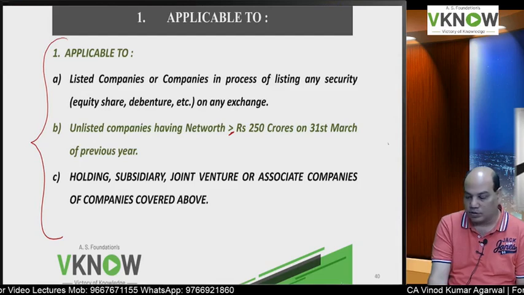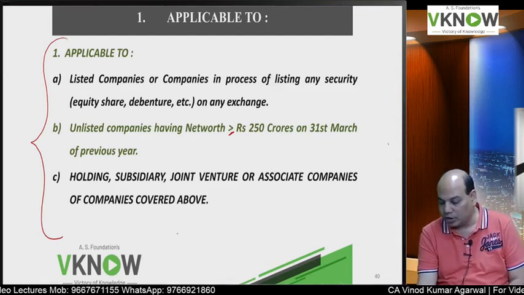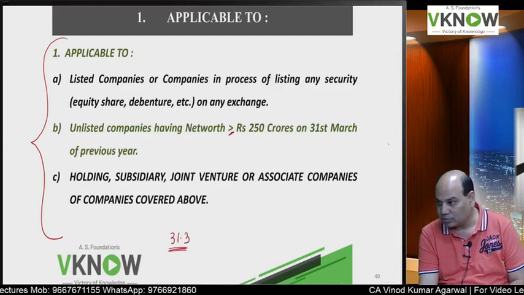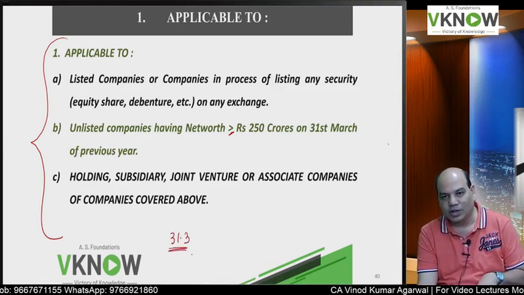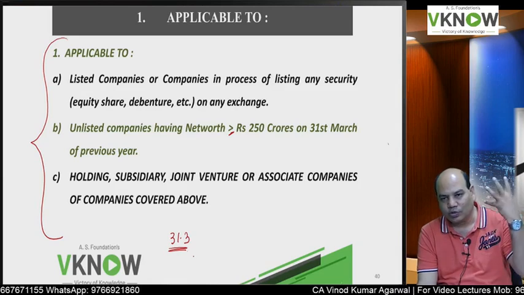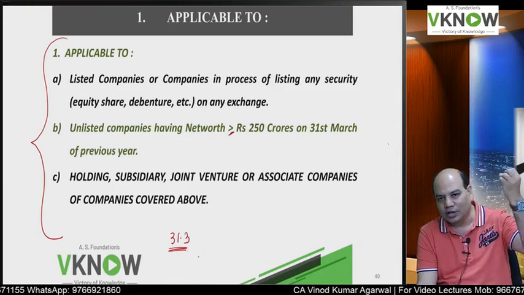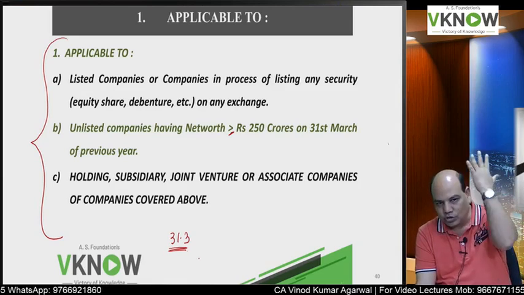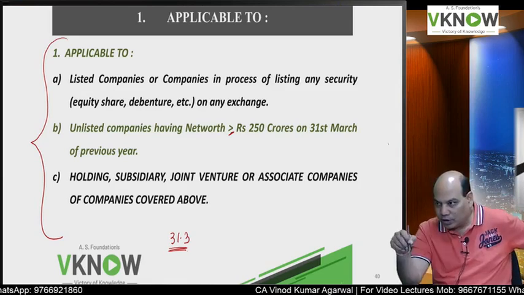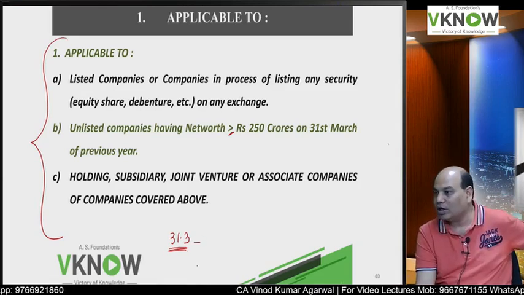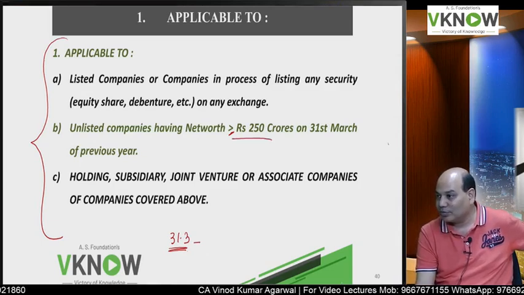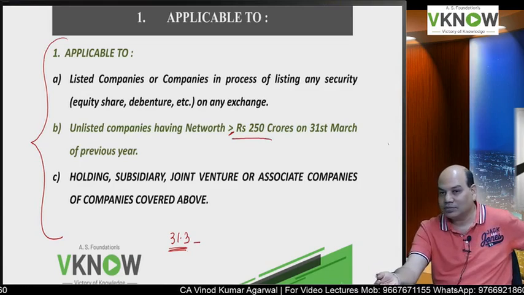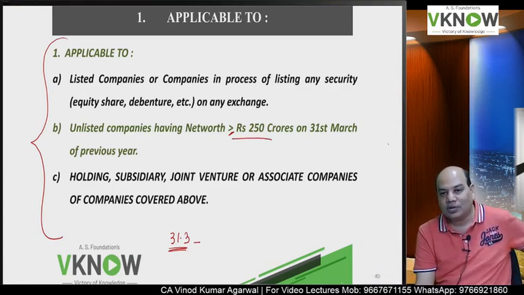31st March of the previous year. So now what I'll do, every year I have to check on 31st March what is the net worth of the company. So this is your current practice now. Now you don't have to remember 2016, 17, etc., because we have crossed so many years. So every year end you have to see what the net worth is, and if it exceeds 250 crore, immediately from the next year Ind AS will become applicable.